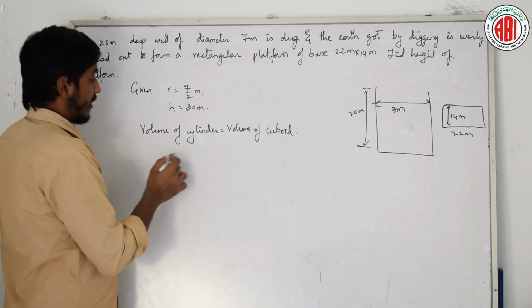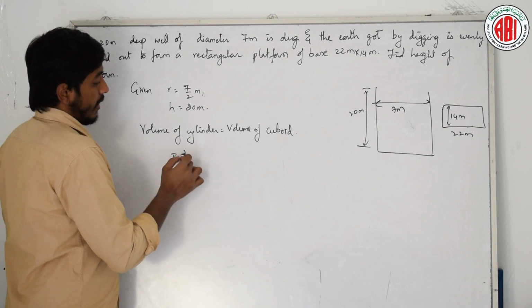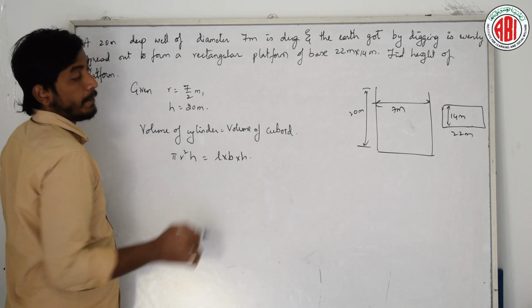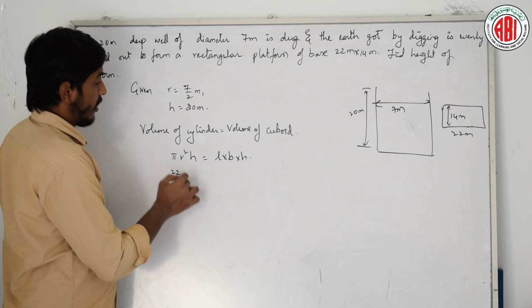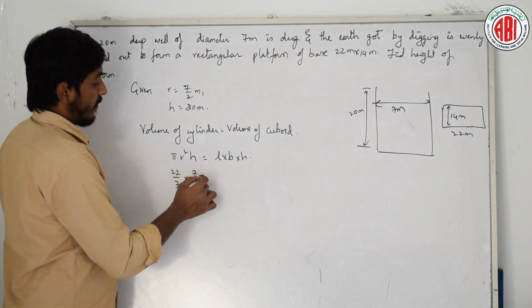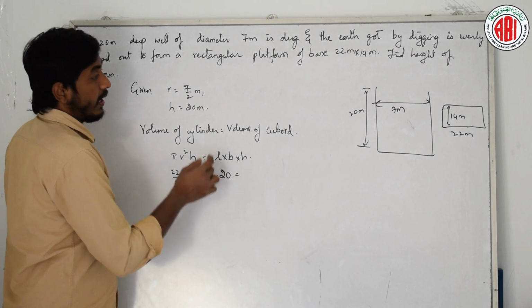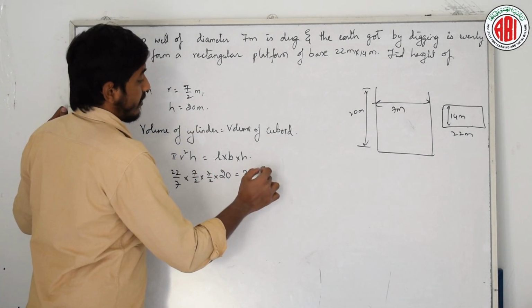Now tell me, what is the volume of a cylinder? That is pi r square h. The volume of a cuboid is LBH. Now, 22/7 into what is the radius here? 7/2 into 7/2 into what is height? 20. Here length is 22, breadth is 14.